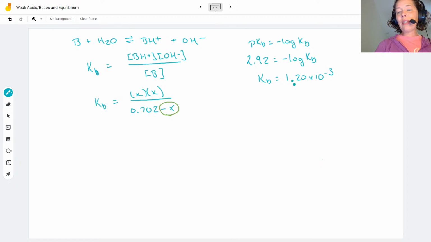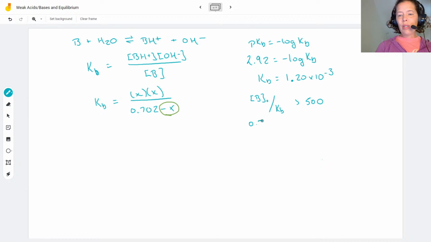Okay, so this is a borderline case. 10 to the negative third tends to be borderline. So we really do want to rely on our test to see if we can drop that minus x or if we're going to have to suck it up and go through the quadratic equation. So let's run our test. This is kind of what I call my 500 rule. My initial concentration of base over Kb should be greater than 500.